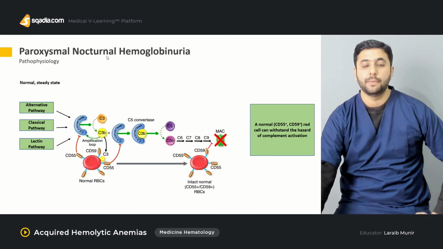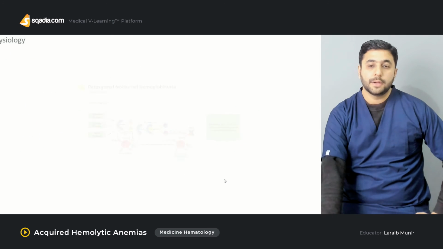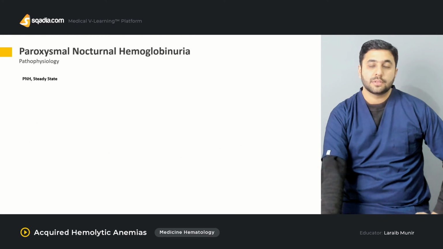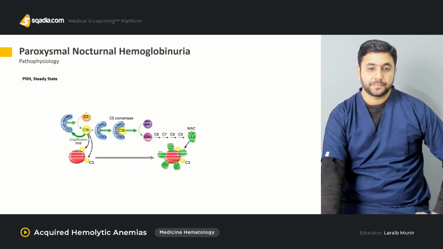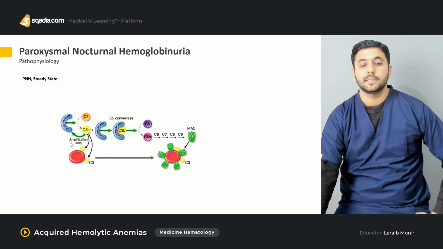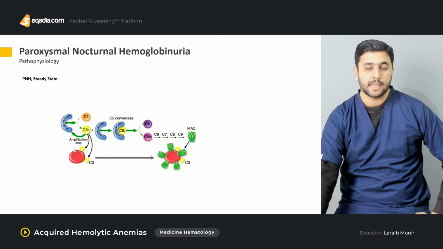This happens in a normal person, in a steady state. Now compare this to someone with paroxysmal nocturnal hemoglobinuria. In these patients, there is no GPI anchor. There is no bluish line as we saw in the previous slide. So there is no anchor for the CD55 or the CD59 protein.